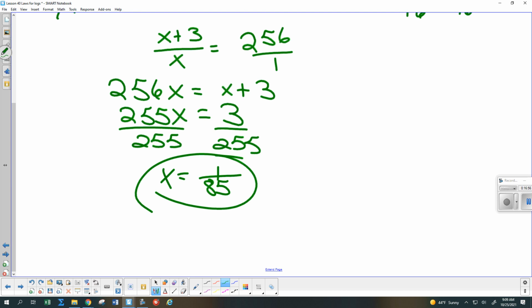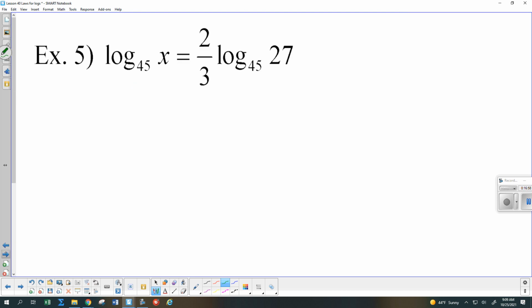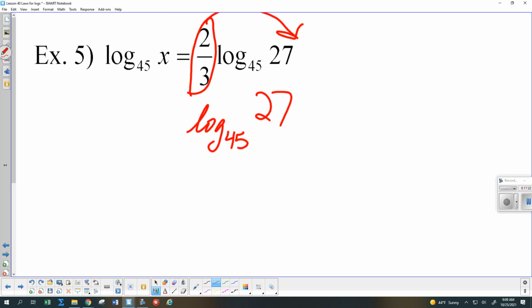Okay, last one, and then we do the inverses. Both sides are log base 45. What do I do with that 2/3? I need to, well, it's not really exponentiating both sides, but it's making that become the exponent on the 27, so that we have log base 45 of 27 to the 2/3 is log base 45 of x.